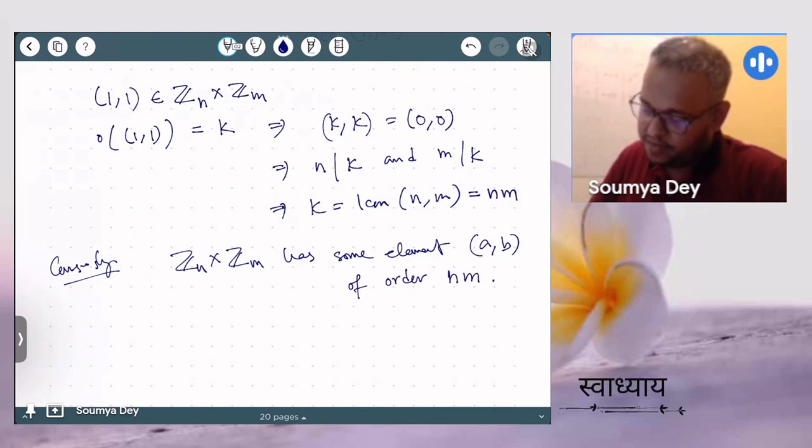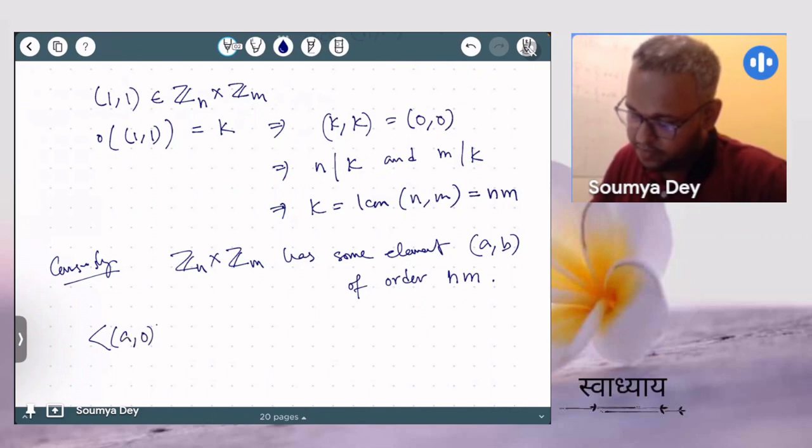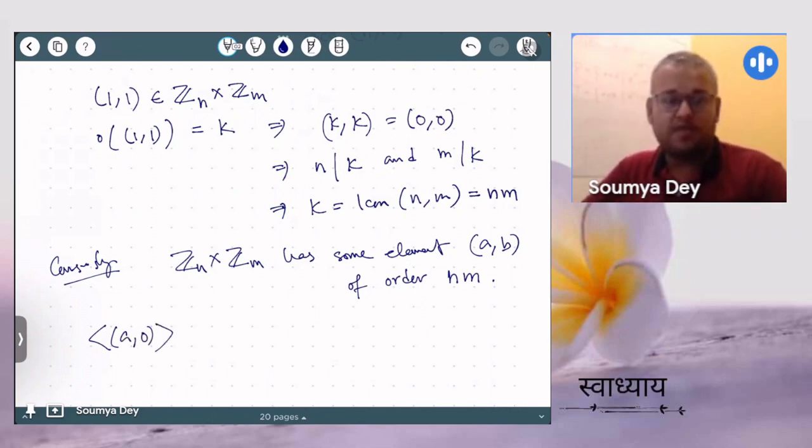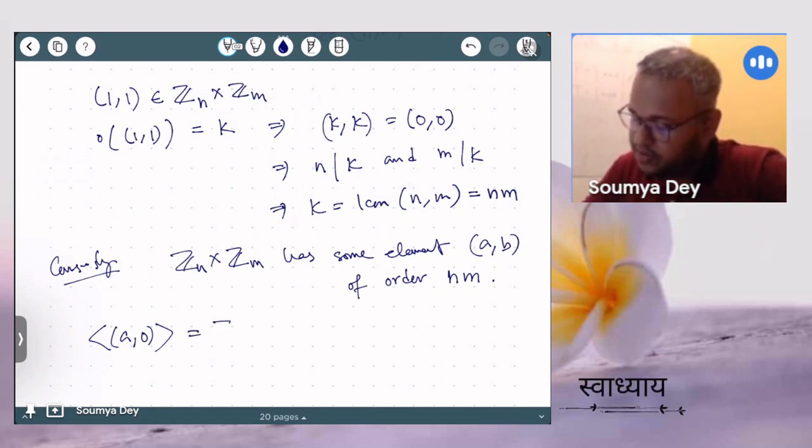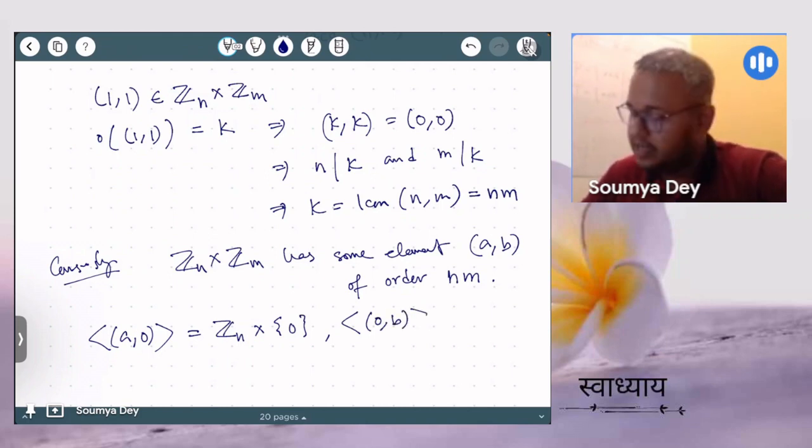What you find from here is, if you consider the element (a, 0), the cyclic subgroup generated by this is equal to Zn cross the singleton 0. And similarly for (0, b), the cyclic subgroup generated by that will be equal to the singleton 0 cross Zm.